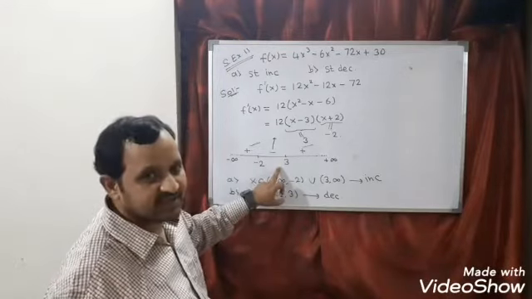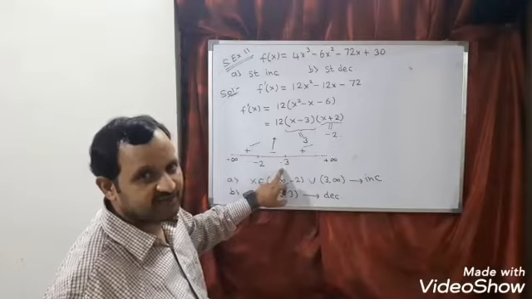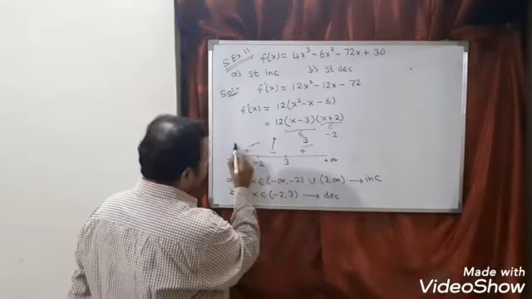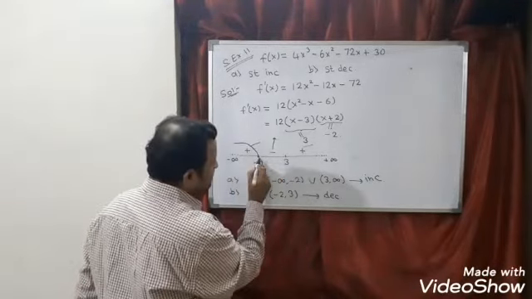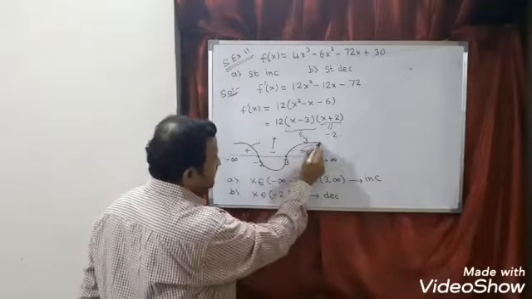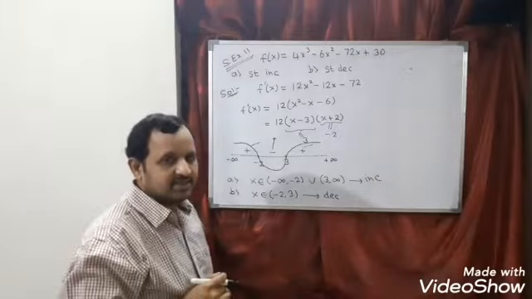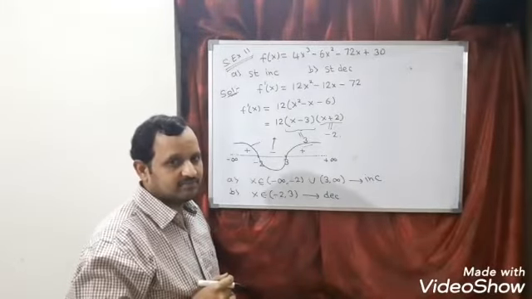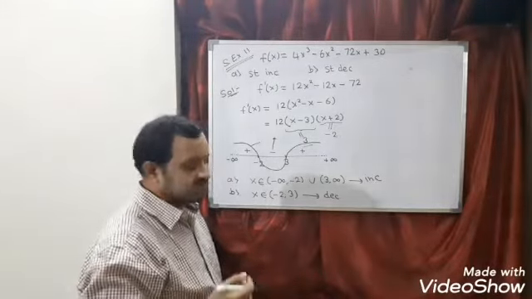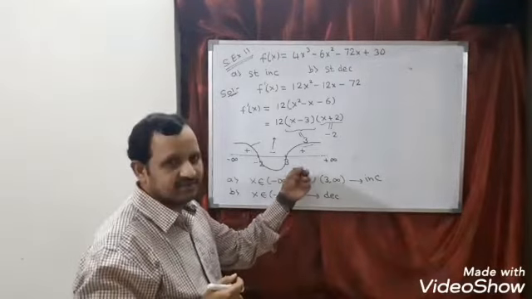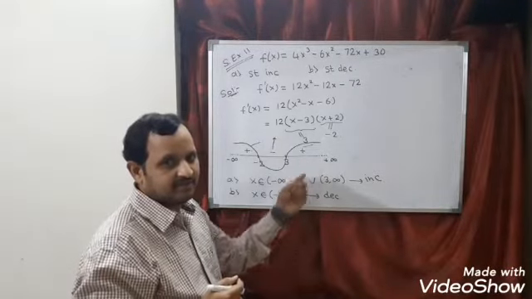Actually this method is nothing but the wavy curve method. Wavy means wave, something like this. So there is one separate chapter called quadratic equation and expression. There you will come to know what the wavy curve method is.